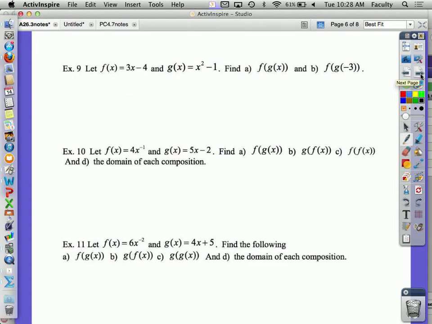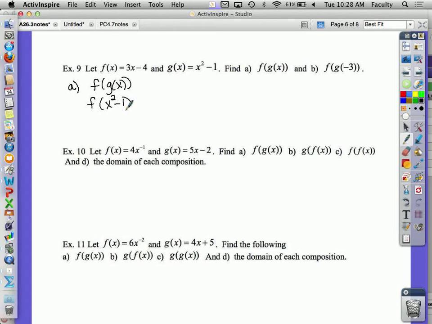So let's look at example 9. f of x is 3x minus 4. g of x is x squared minus 1. In letter A, I want to do the composition of functions. And again, composition of functions means you're putting one function inside another one. So g of x is x squared minus 1.